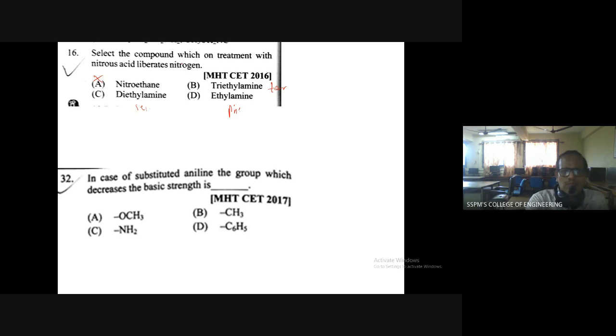Basically this reaction is of a primary amine. Ethylamine is the only primary amine; triethylamine is tertiary and diethylamine is secondary. So let me write the reaction for clarification.